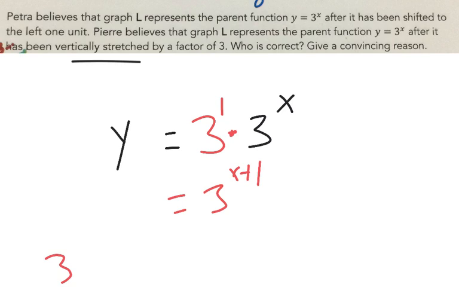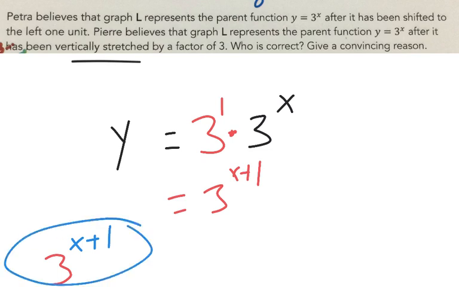So if I needed to go left 1, how do I go left? I would need to, on the inside, add because it does the opposite of what we think it should do when I'm on the inside. So here, the inside of the function is up in the exponent. And so if I want to go left 1, I would need to add 1 on the inside. So who's right? Both.